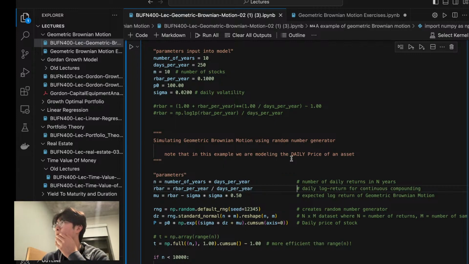Okay, so the standard deviation is very small.